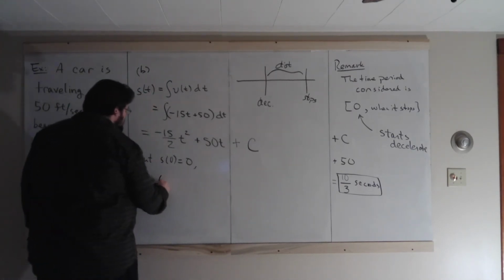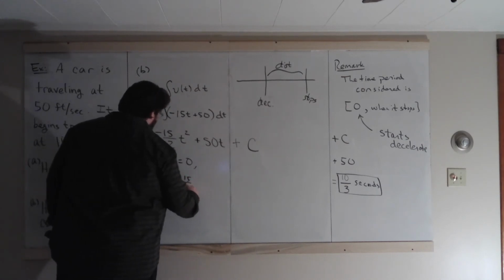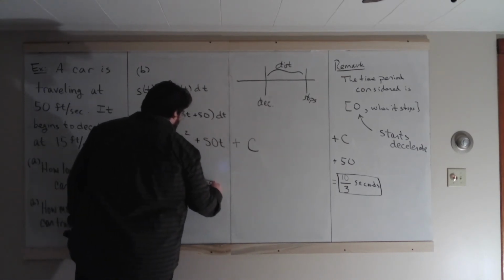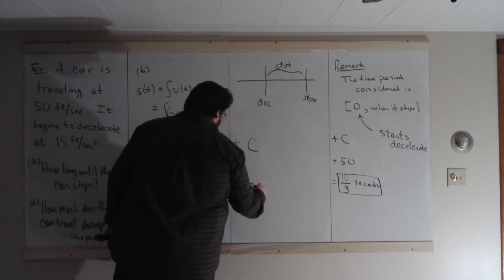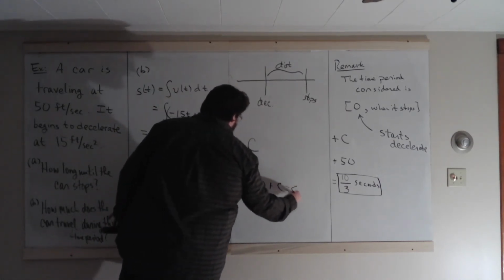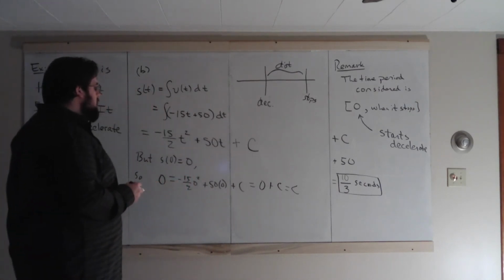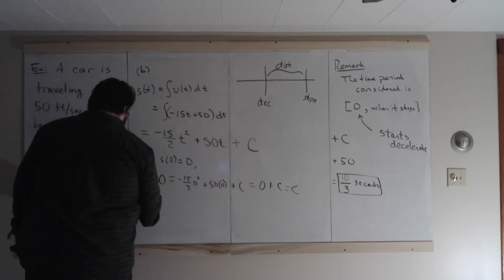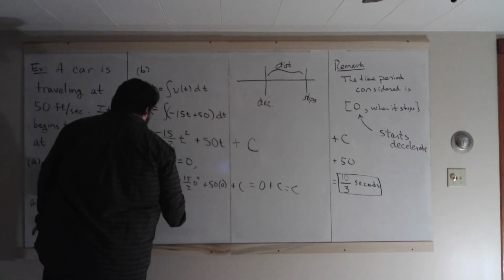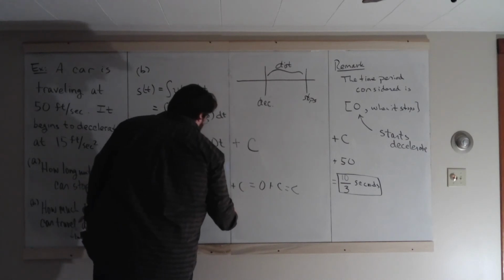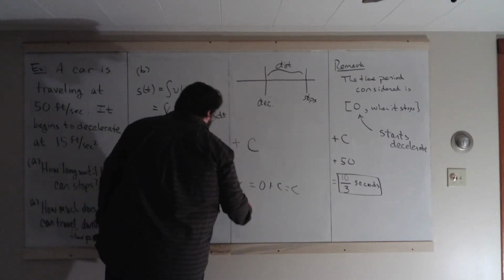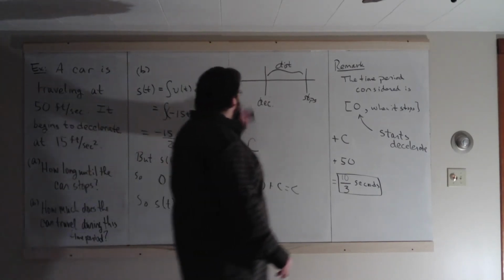So 0 equals negative 15 halves 0 squared plus 50 times 0 plus c, equals 0 plus c equals c. So c equals 0. So our position function, s of t, is what? Negative 15 halves t squared plus 50t plus 0. I'm not going to write the plus 0.